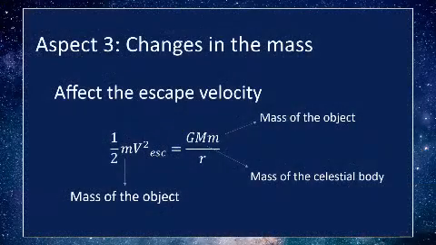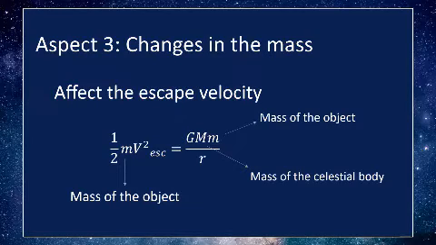I will be talking about aspect 3, changes in mass. So will the changes in mass affect the escape velocity? We need to know that how we find the escape velocity is actually by the conservation of energy, which is the kinetic energy to the gravitational potential energy.